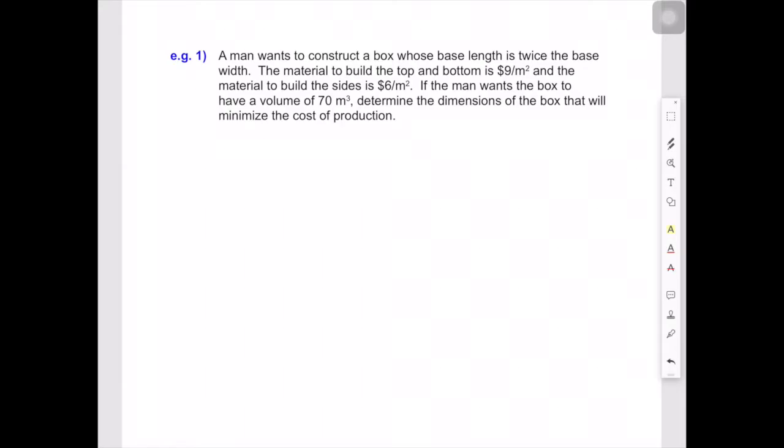So there's a lot of information given. I'm going to start by making a sketch of the box that we're talking about here and label the sides, the height, and the length of the box. Because the length is twice the width, we can call them x and 2x, and the height h.